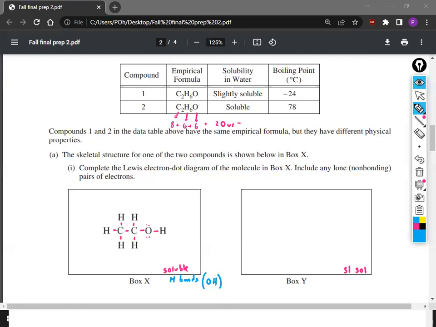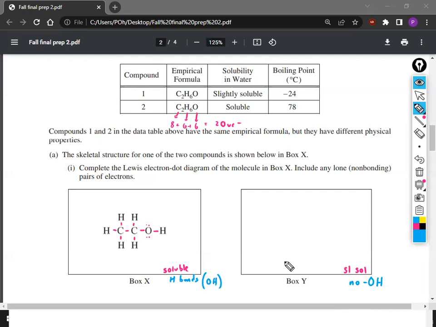The OH is the reason this is very soluble. So if you're going to make something that's slightly soluble, you cannot have the OH in that structure, because it is the thing that makes it very soluble. So this is already an inferior structure.